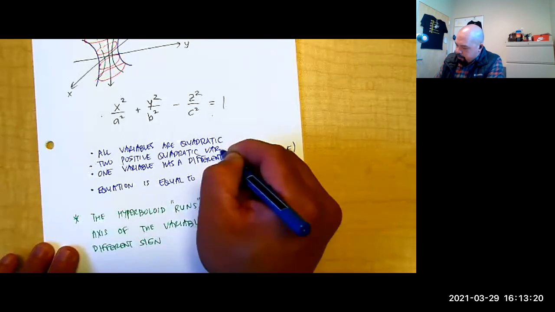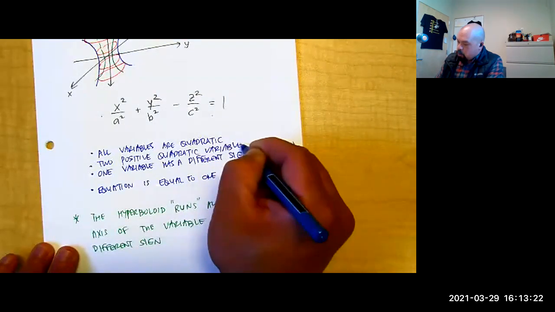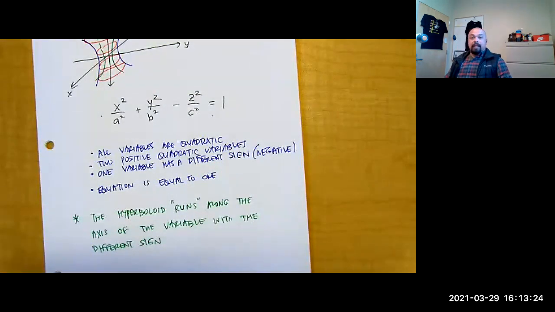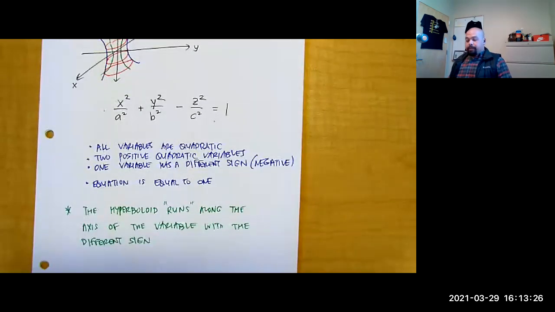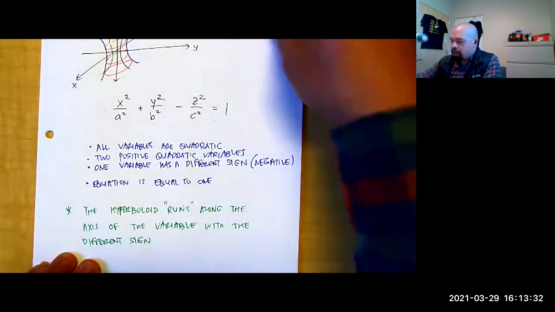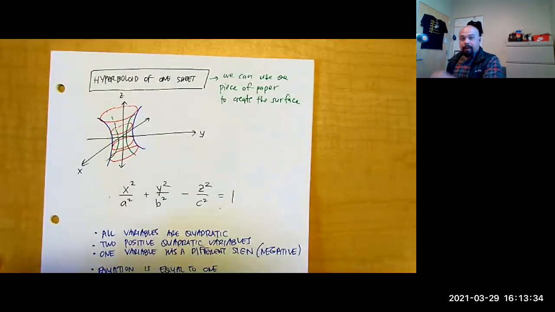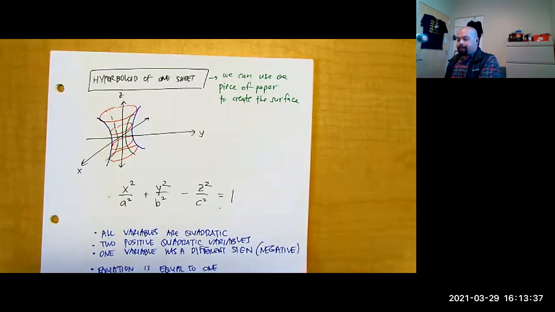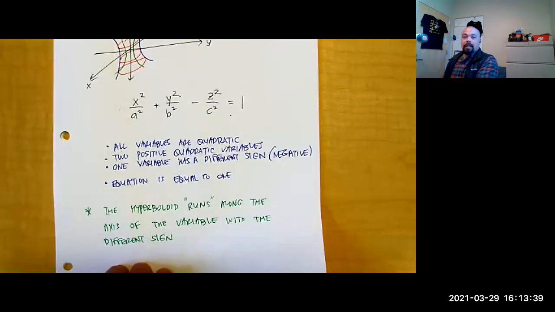There, that's a little better. One with a negative, because as we're going to see on the next discussion, that is where this changes. Okay, so a hyperboloid of one sheet, that one piece of paper we can make to make that little tube, like a cylinder.